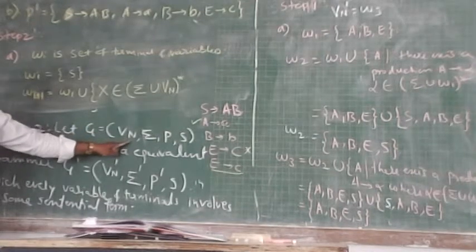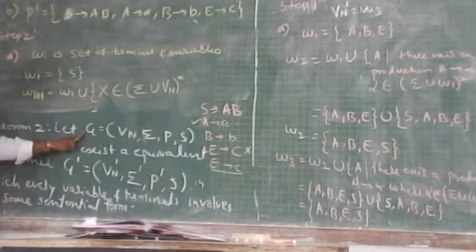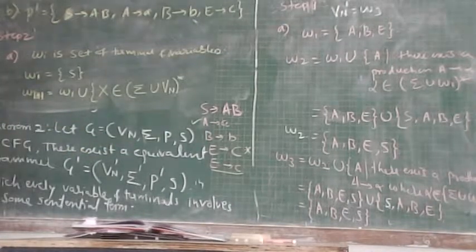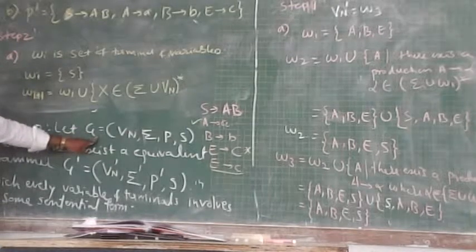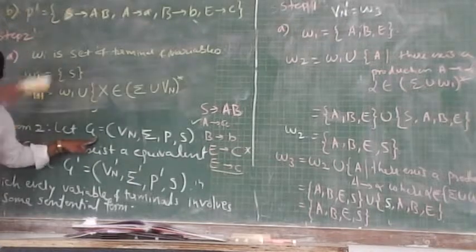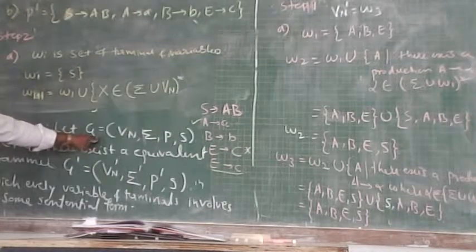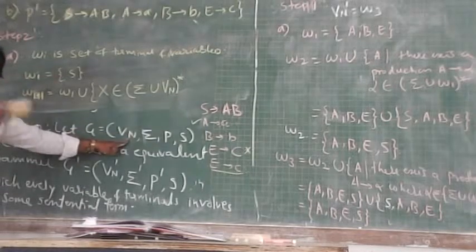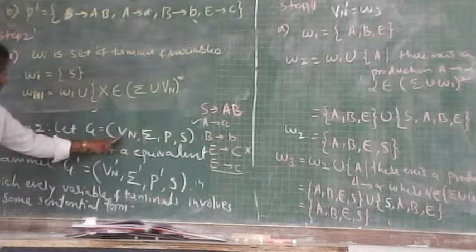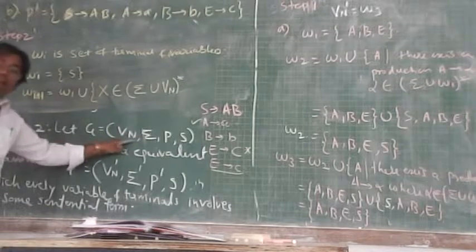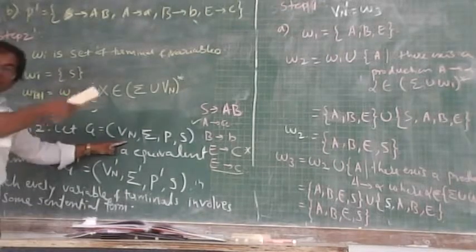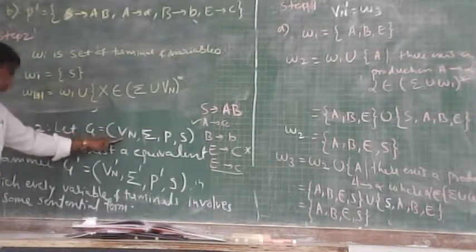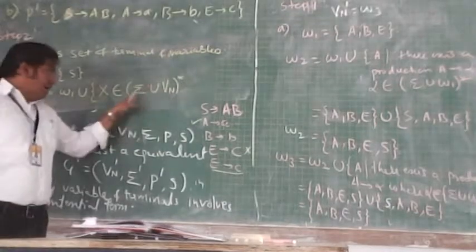Vn is included in G. What is G here? G here is a partially reduced grammar we received in the previous step. Are you understanding? So this is basically Vn dash we considered in the previous case. So it is the reduced set of variables we received in the previous step, so those variables and sigma.